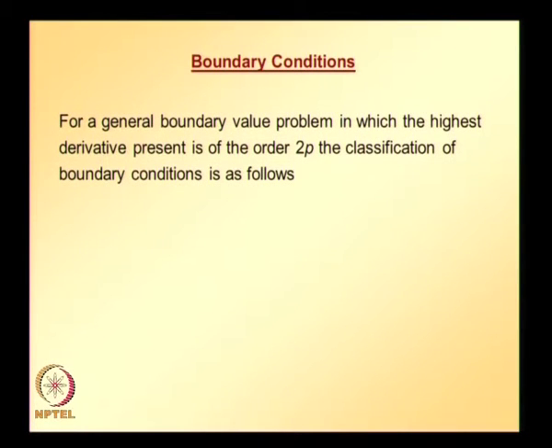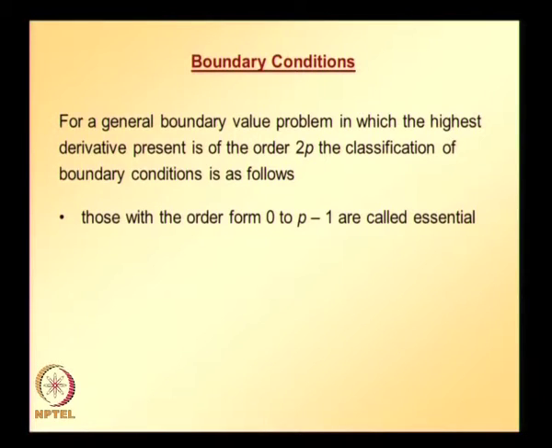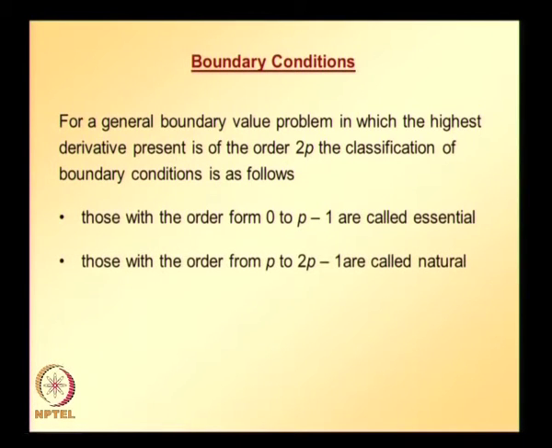So, for a general boundary value problem in which highest derivative present is of order 2p, the classification of boundary conditions is as follows: those boundary conditions of order 0 to p minus 1 are essential, and those boundary conditions with order p to 2p minus 1 are natural boundary conditions.